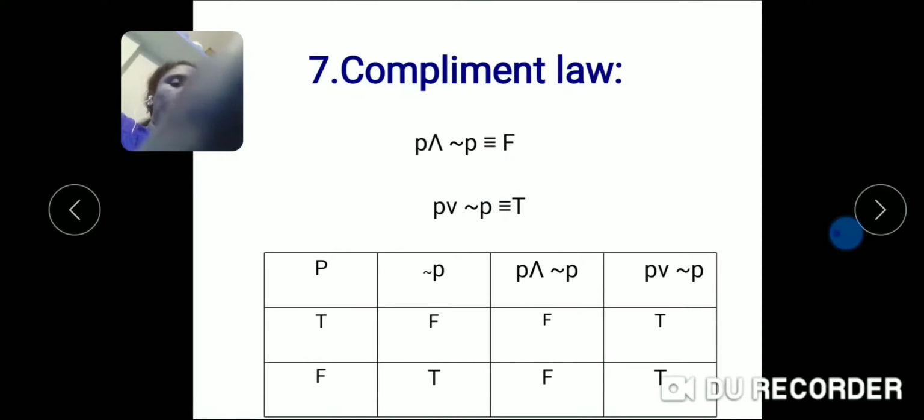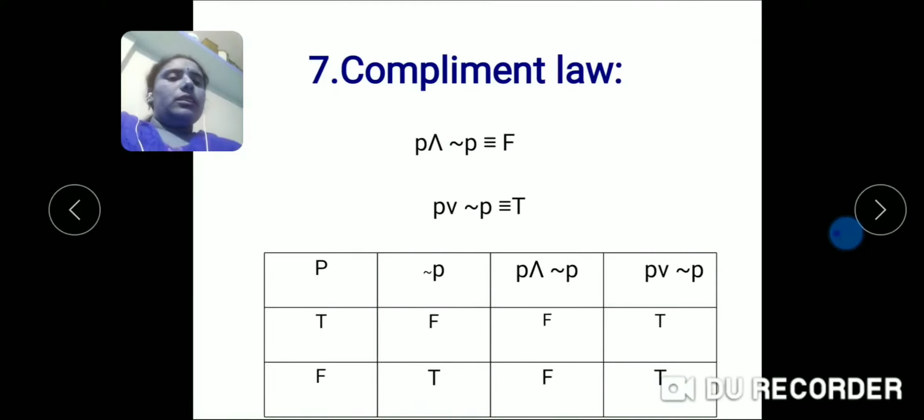Next, P or negation of P is logically equivalent to true. P or means disjunction, and the rule of disjunction is both are false is false, otherwise true. Therefore, true or false is true, false or true is true.